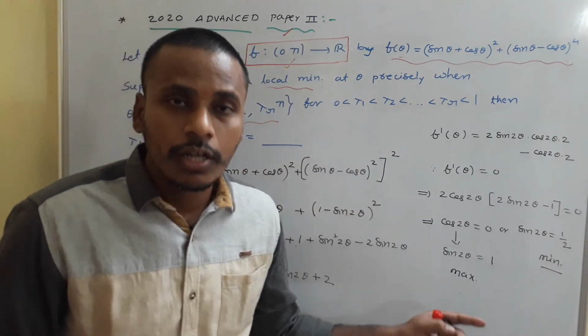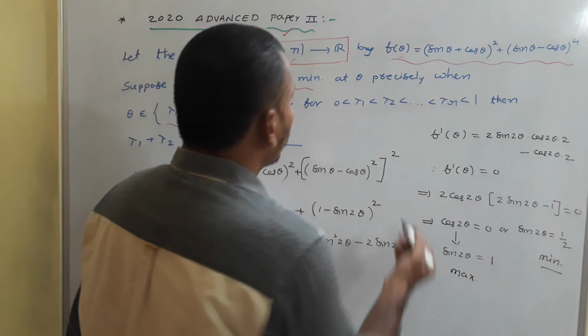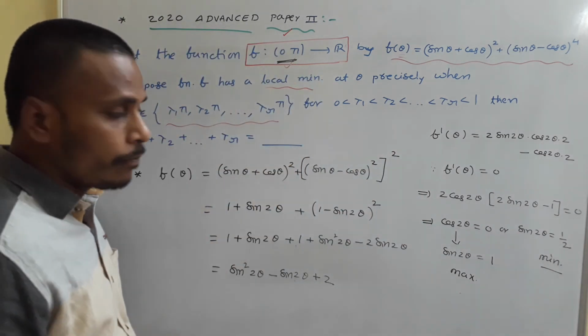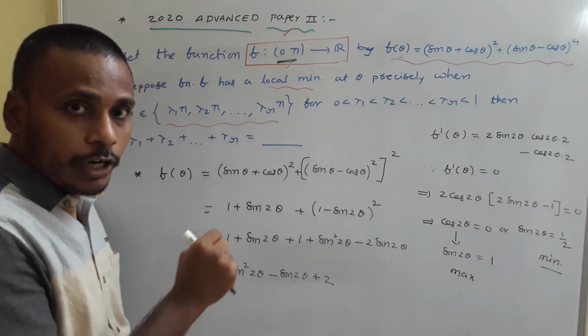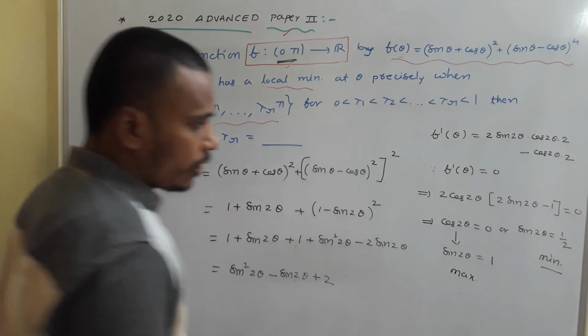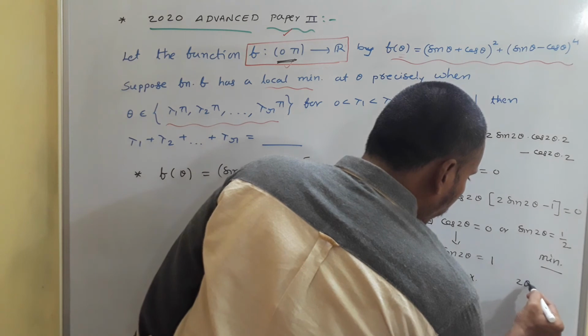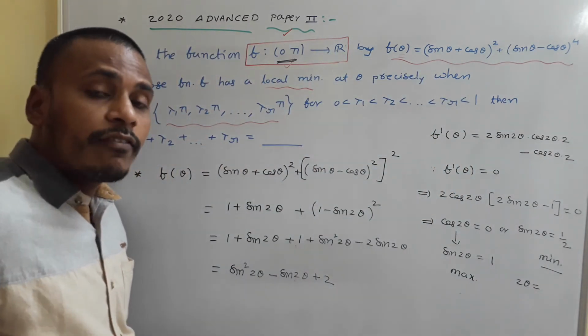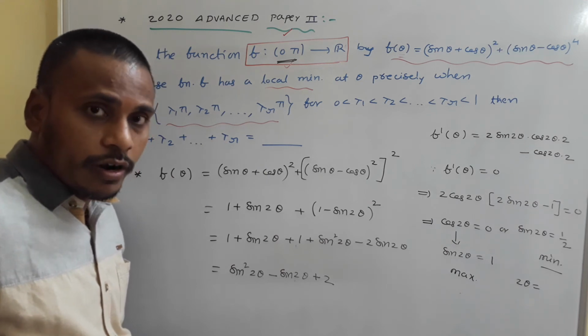So what to say about 2 theta? Since theta is between 0 and pi, keep that in mind. Here we have a trigonometric equation in terms of 2 theta. Sin 2 theta equals 1 by 2 means the sin value is positive in the first and second quadrants.